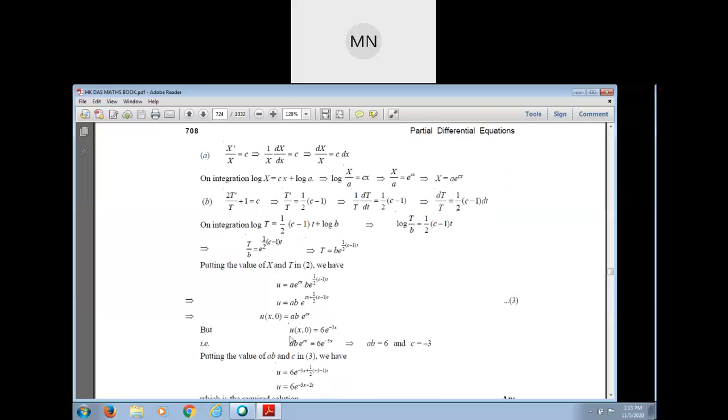And we are given that u of x0 is 6 e to the power minus 3x. This is already given in the problem. And we find that u of x0 is AB e to the power Cx.